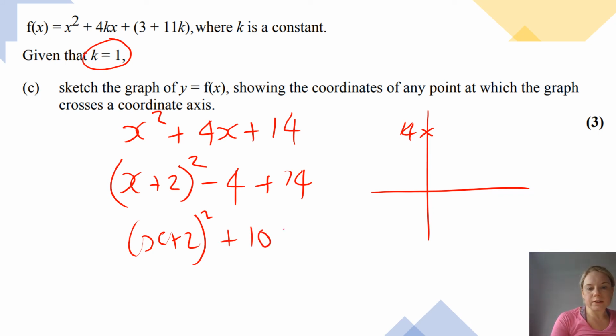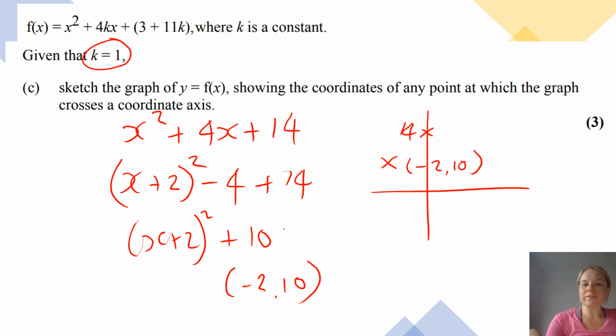This here is completed square format, that gives me my coordinates of minus 2, 10 as my minimum point, so minus 2, 10.